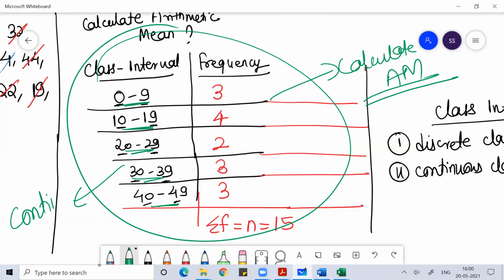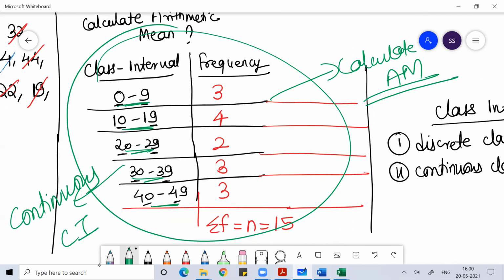If it is not a continuous class interval, you have to make it one. In an exam, the problem may or may not be based on continuous class intervals, so irrespective of that, you have to make the class interval continuous, and only then do your calculation.